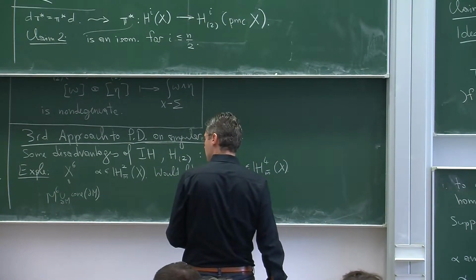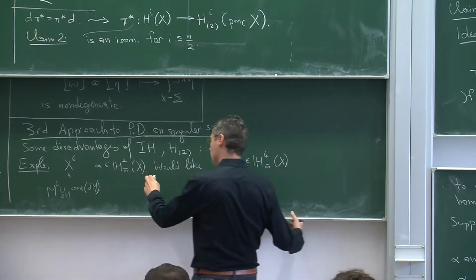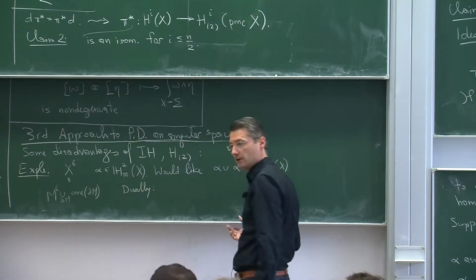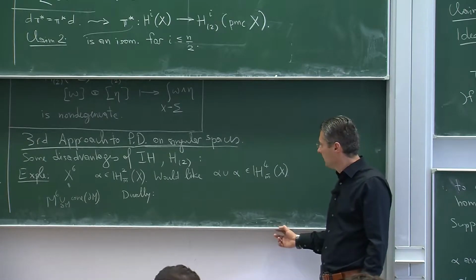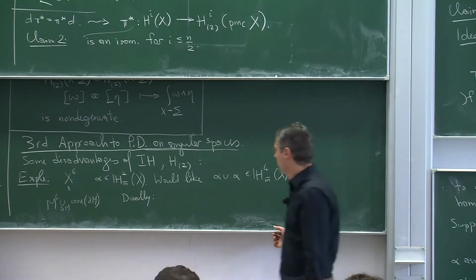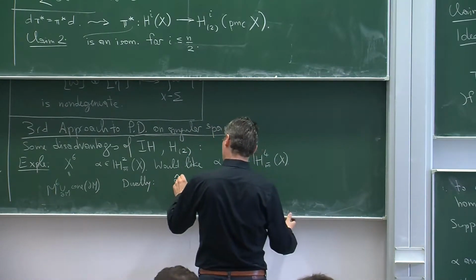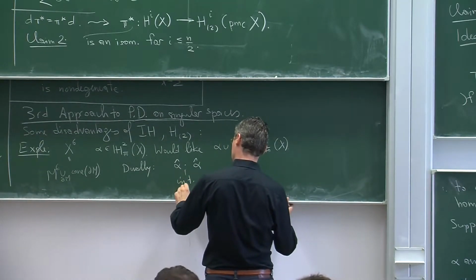But you see there's a problem with having this, because dually, you know, the cup product is of course supposed to be represented under duality by the intersection form, right? So you could look at duals, and then you take the intersection product. This is the intersection product.